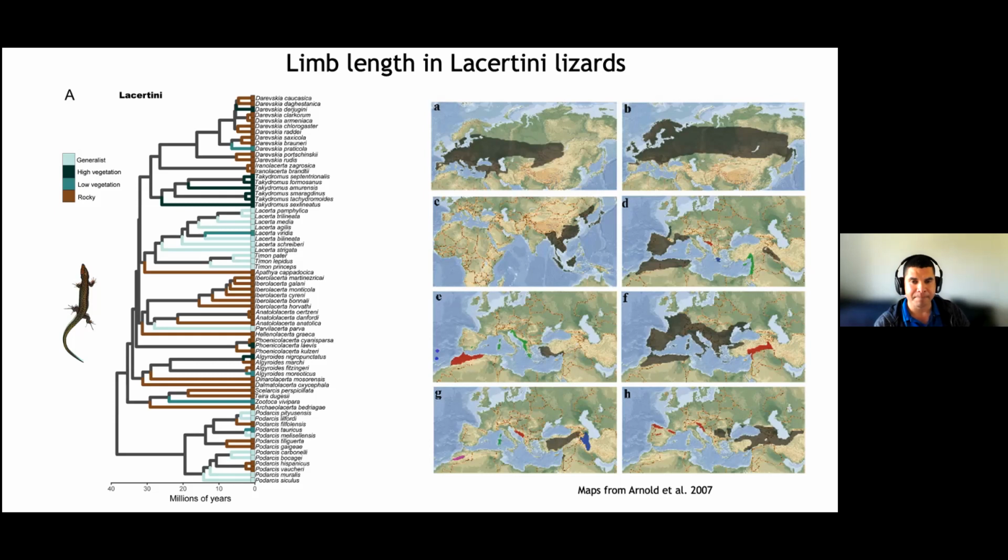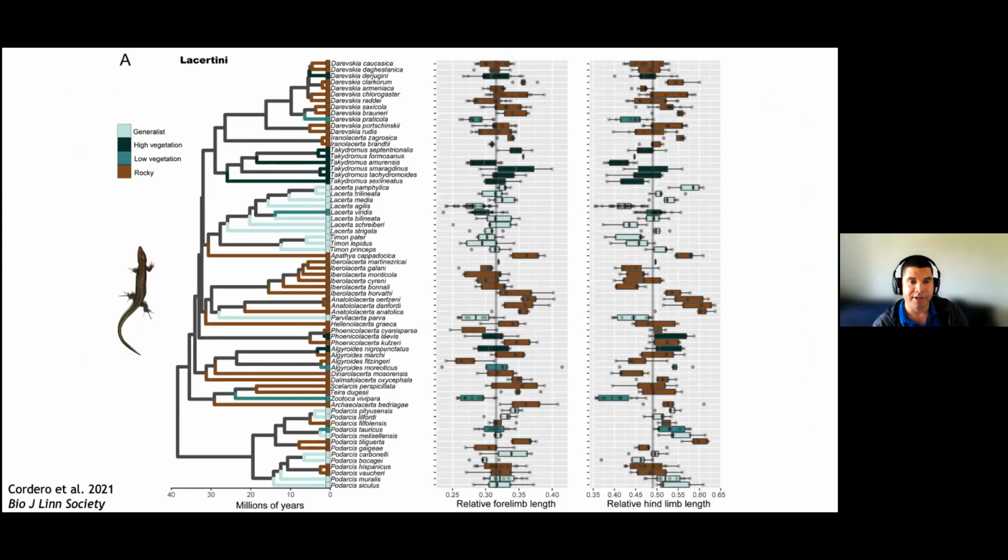I should say that in neotropical species, there's a very strong correlation between ecological niche and limb length. But in this temperate clade, we did not find that correlation. So we went out and we measured hind limb length and forelimb length in as many species as we could in the clade.